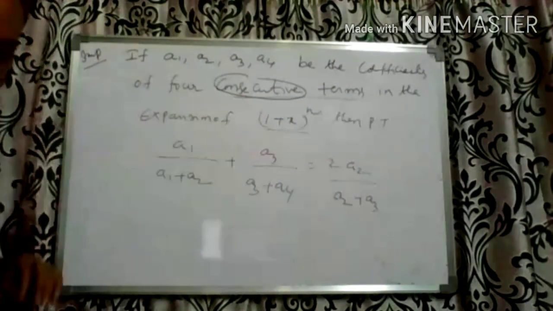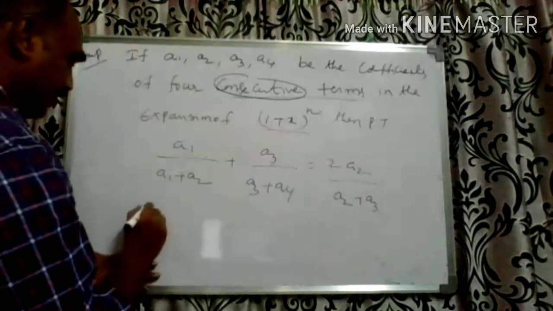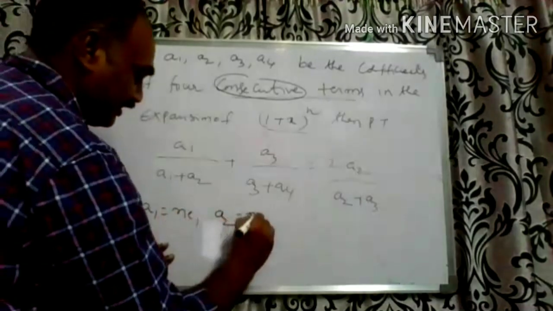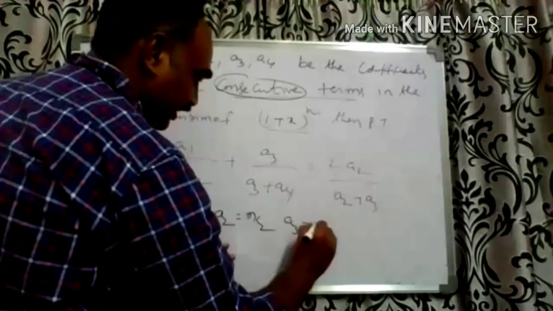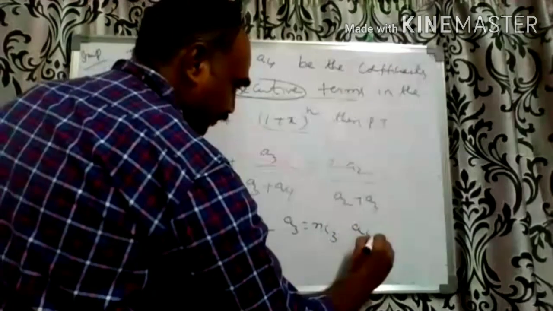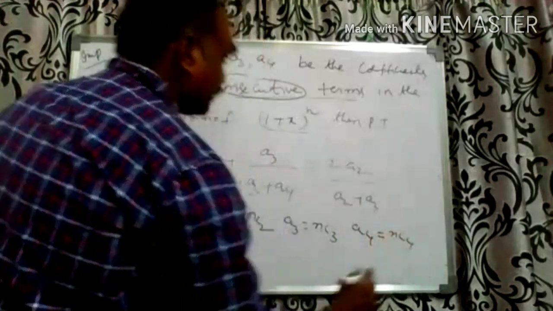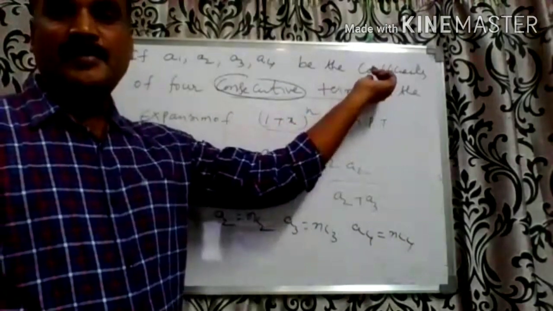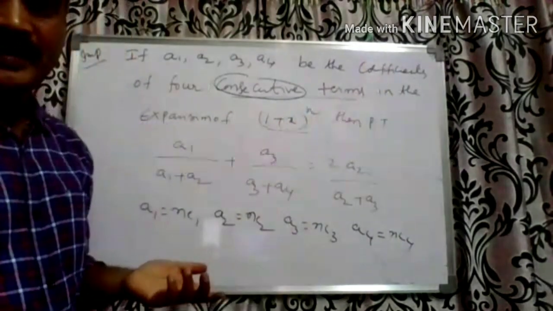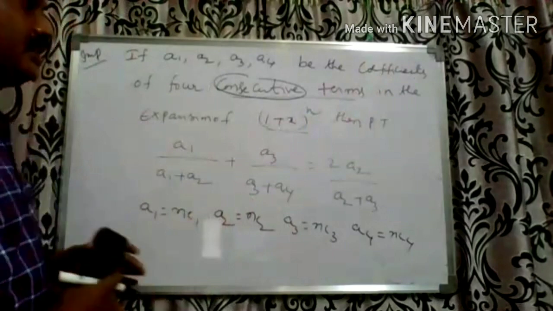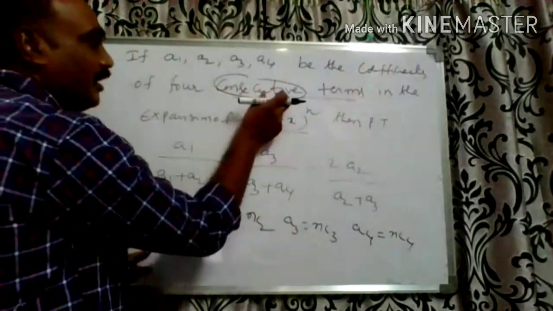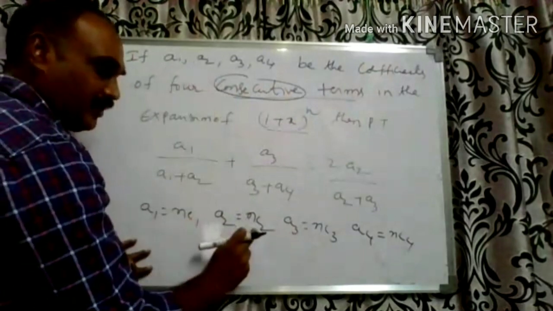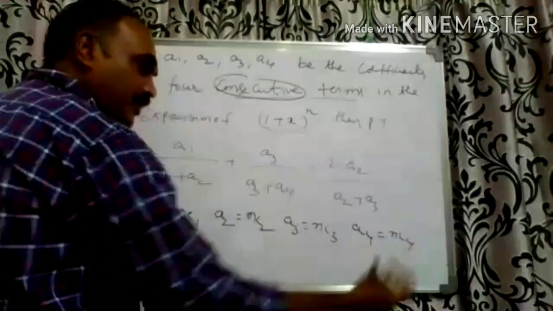Take A1 is equal to nC1, A2 is equal to nC2, A3 is equal to nC3, A4 is equal to nC4.